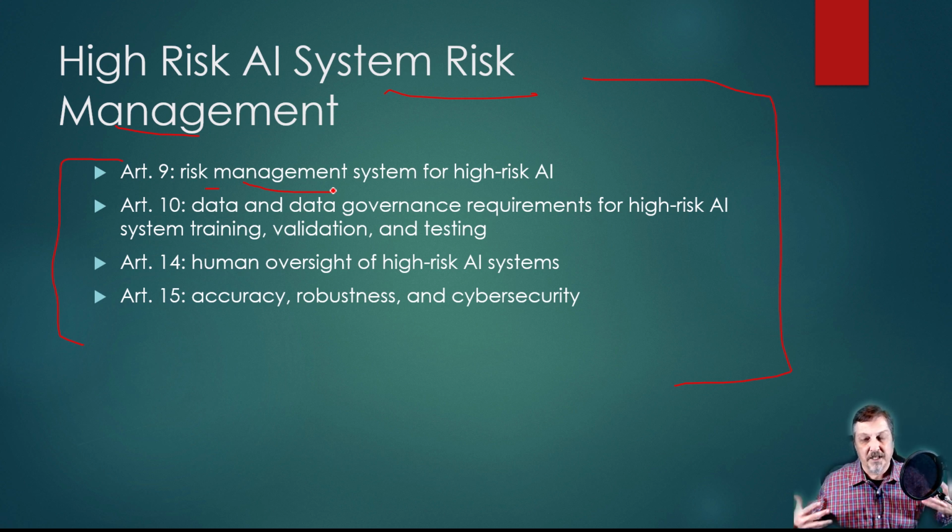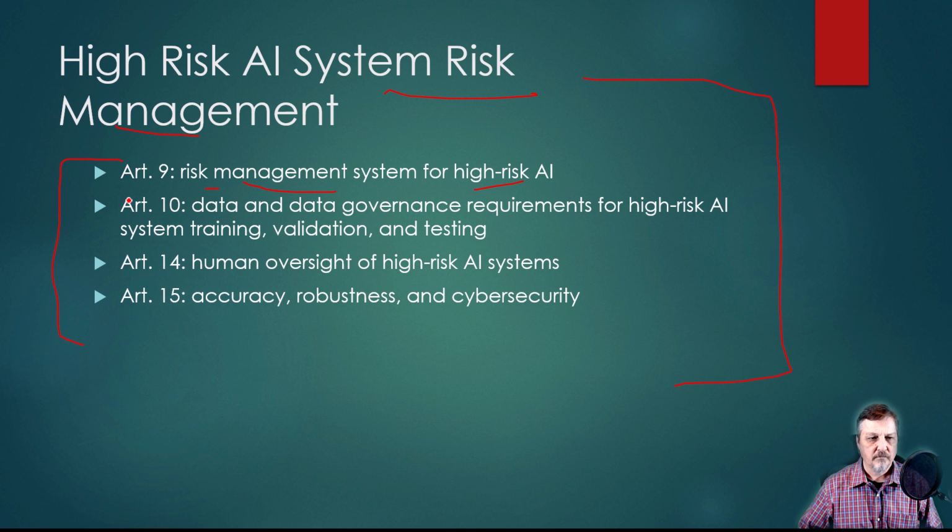And really the key thing in a risk management system, that's not establishing a framework for tort liability, what it's establishing is the process that the entity has to go through. So documenting and going through a process of looking at risks and benefits and then justifying why the benefit of this system that is high risk outweighs its risks.